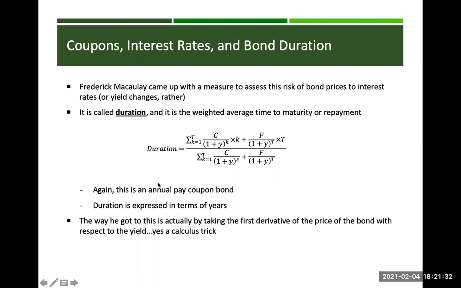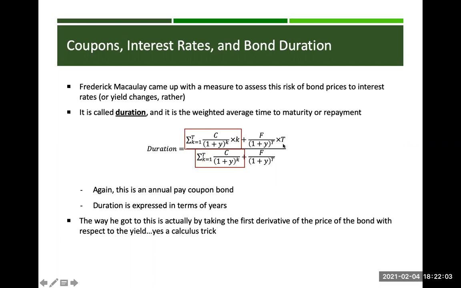For a zero coupon bond, I'll try and say this multiple times over the course of not just this class, but all classes where we talk about duration and interest rate risk exposure. For a zero coupon bond, those coupons are zero. So the only thing that's left is that last payment.